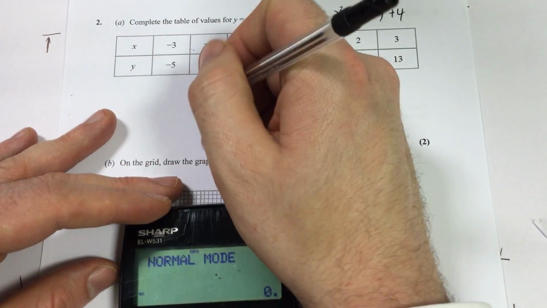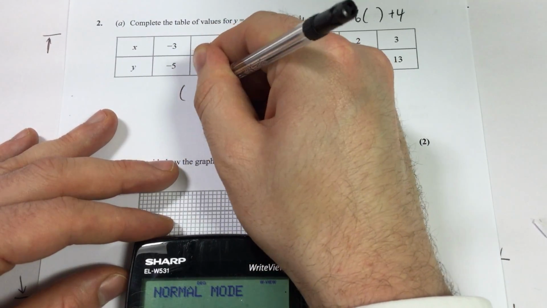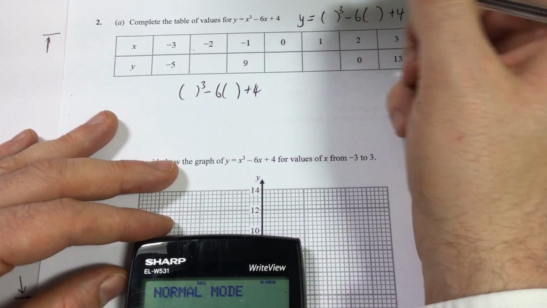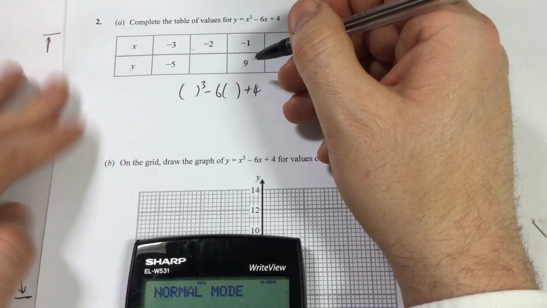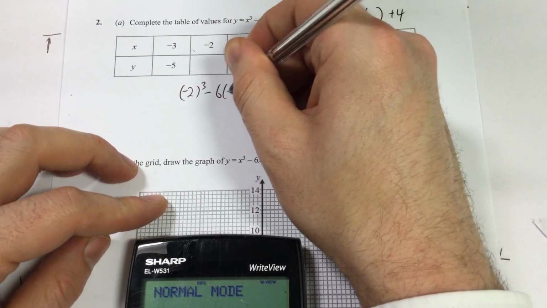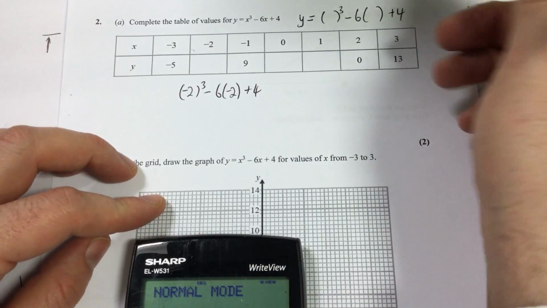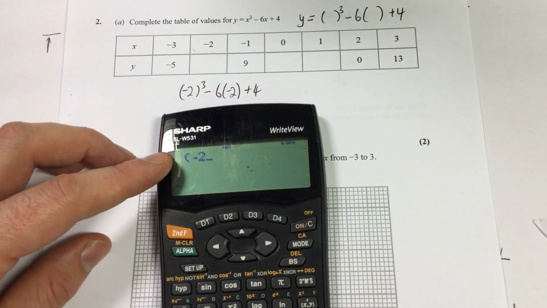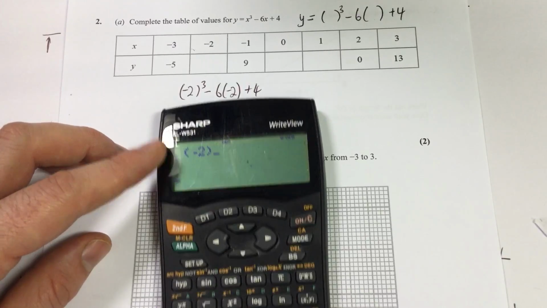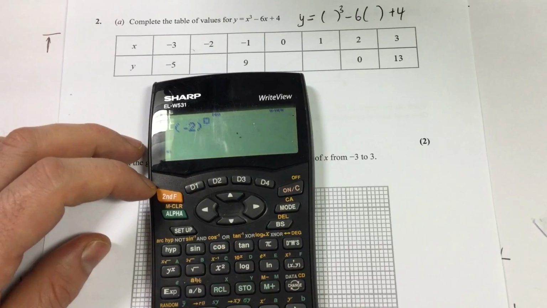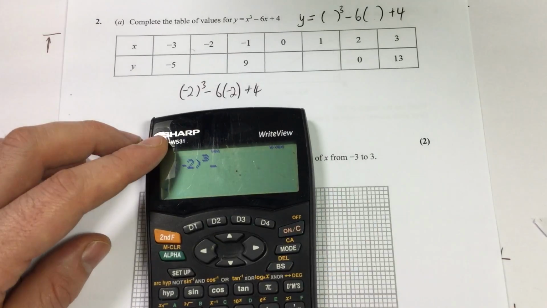So just doing this one, write that out, empty brackets like this. What I saw some of you do when I looked at your papers, you're working these out in your head and you've got it wrong. It's a calculator paper, so I'm expecting to see these just placed in like that, and then literally type it in exactly like that. Use the negative button for negatives. Cubed, I'm literally typing as it says, so minus 6, minus 2.